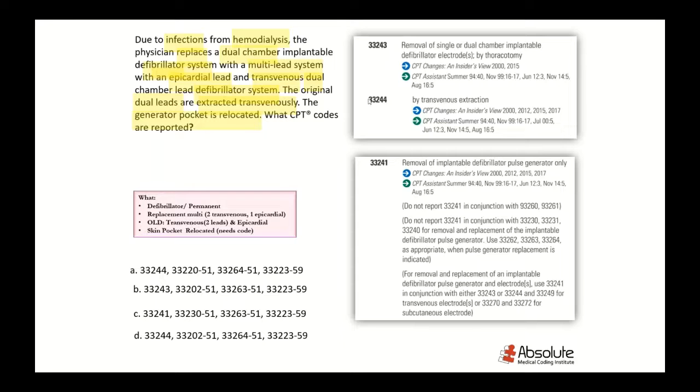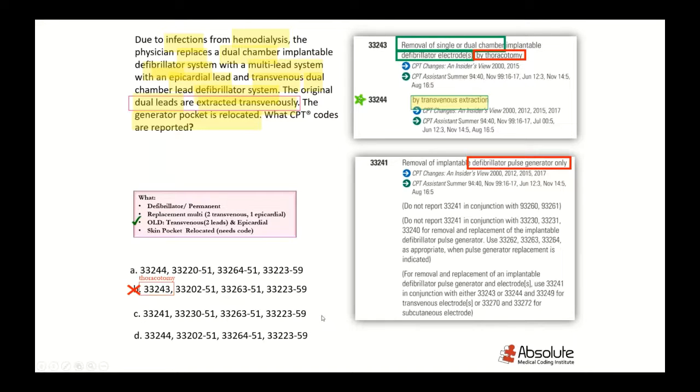So between the two of them, one is coding the removal as thoracotomy, and 33244 is coding it by transvenous extraction. So with that information, following your FTR, you would have eliminated B, because this is by thoracotomy.